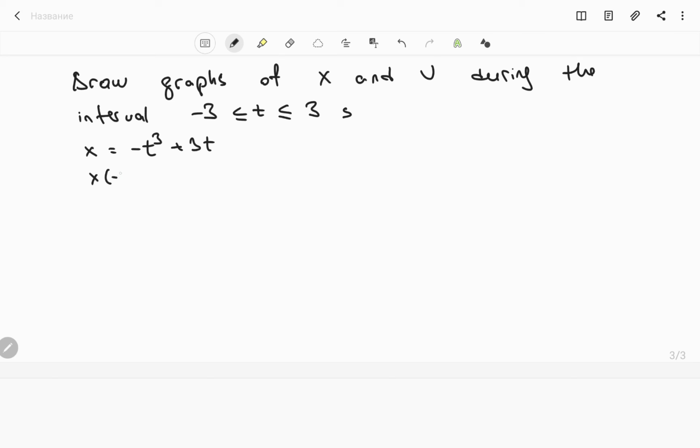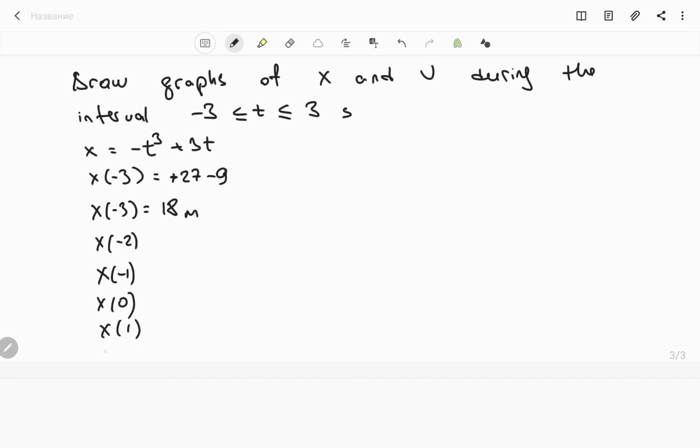So x when time equal to minus 3 will be equal to minus 27 minus 9, yes, so x at minus 3 equal to minus 36 meters. Yes, no, wrong. Here it should be a positive number, and 27 minus 9, it will be 18, positive 18 meters.